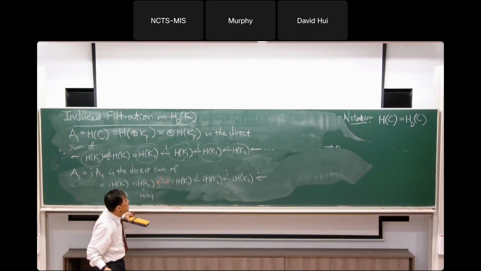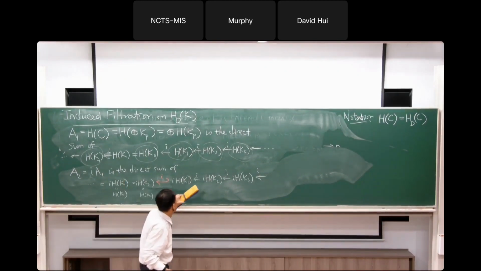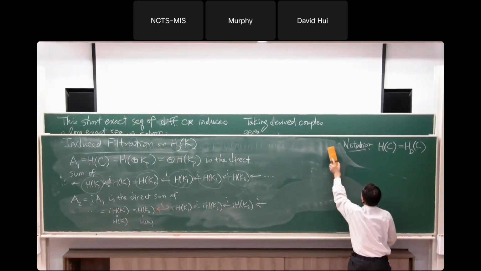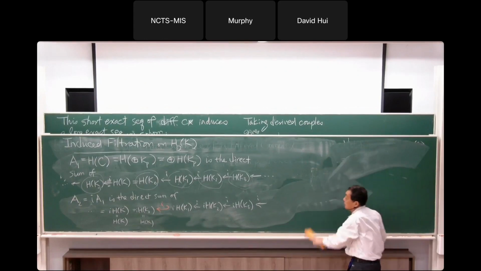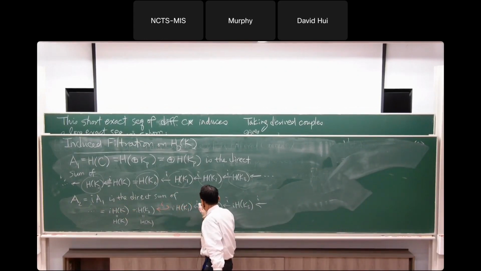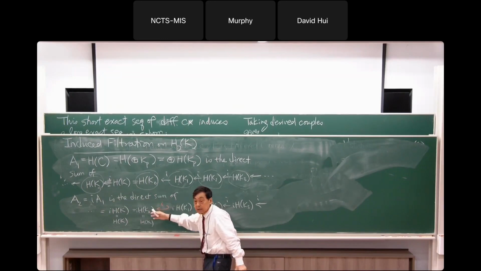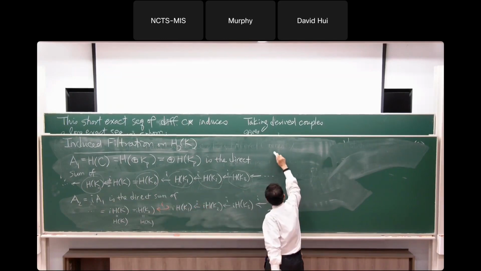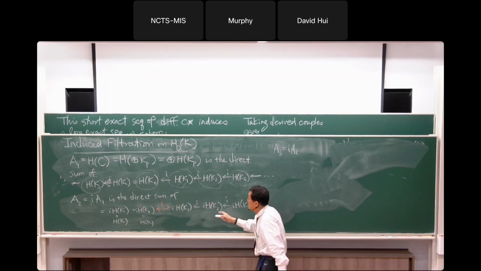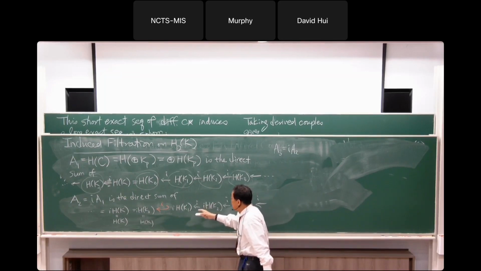Now let's look at A3. Then you apply I again to all of these terms, right? So A3 is I A2 by definition.